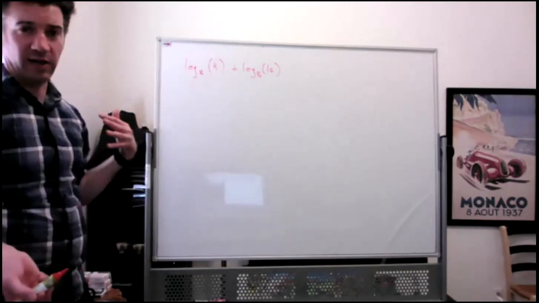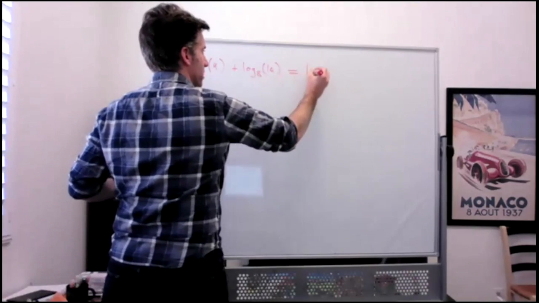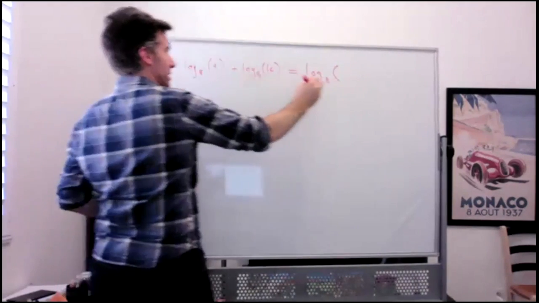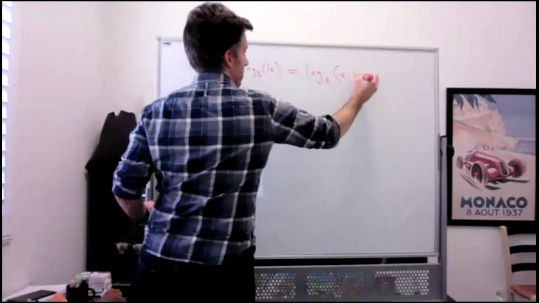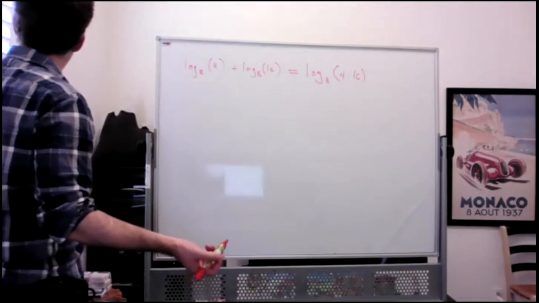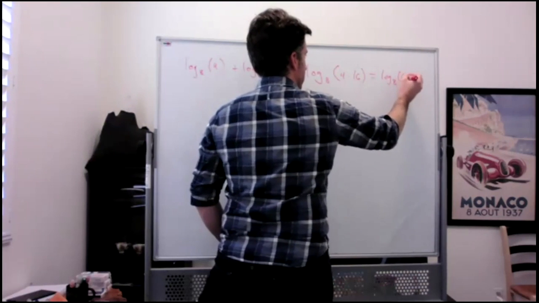We could do some work to actually calculate those, but we don't have to. We can combine this into one logarithm, log base 8 of 4 times 16. 4 times 16 is 64. So I get log base 8 of 64.